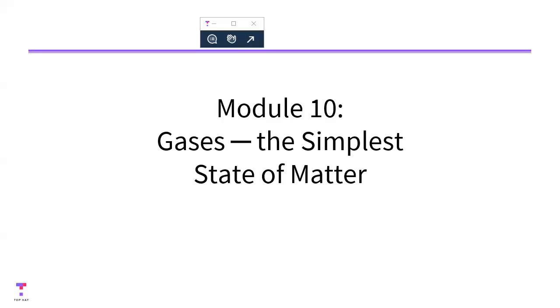Okay, so this last unit for us is in some ways kind of the simplest, not just because we're talking about gases, which are the simplest form of matter, but also because by this point in the semester, conceptually speaking, we have either encountered these concepts already, or we've encountered concepts like them already.